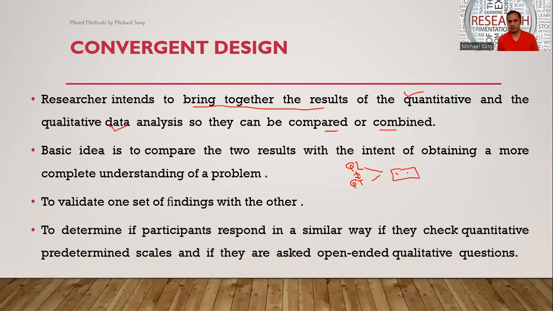the research question. The basic idea here is to validate one set of findings with another to determine if the participants respond in a similar manner if they check quantitative predetermined scales, and also if they are asked open-ended questions.